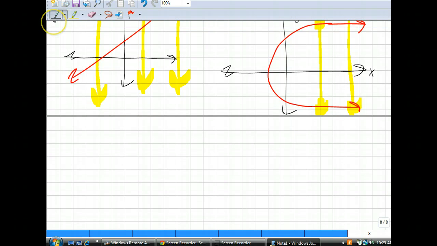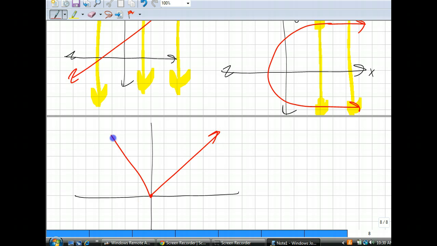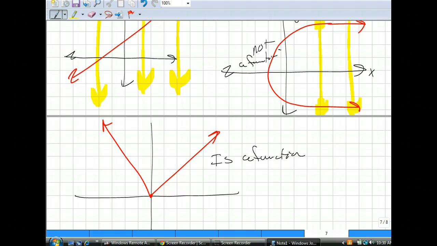Right, so if I had something like this, would that one be a function? Okay, well first, does it pass the vertical line test? Is there anywhere on the graph that you could put a vertical line where it would go through more than one point? No. So this is a function. And remember, this one is not a function. So if you have the graph, you can very quickly see whether something is a function or not.